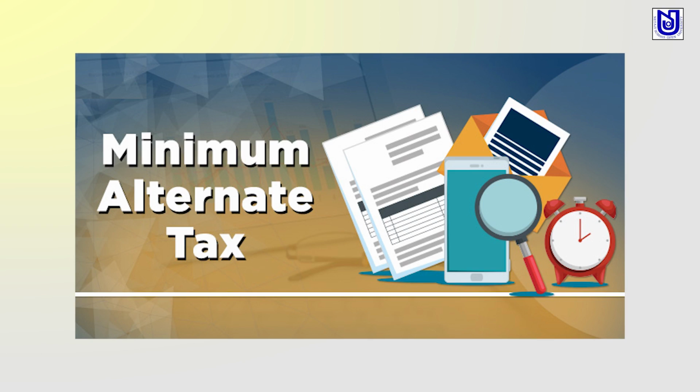Both are liable to MAT if the tax liability computed under the normal provisions of the Income Tax Act is found lower than the tax liability computed on book profit in terms of Section 115JB of the Income Tax Act. And in that case, when the MAT provision is to be taken into consideration, the tax rate shall be 15%.